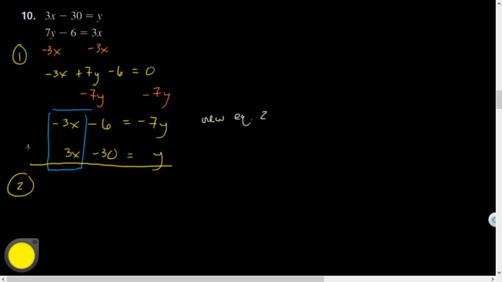So let's add these equations together. -3x plus 3x is 0x's, which is 0, so I'll just leave that blank. And -6 plus -30 is -36. Bring down the equal sign. -6y is what I get there, combining the -7 and the +1.